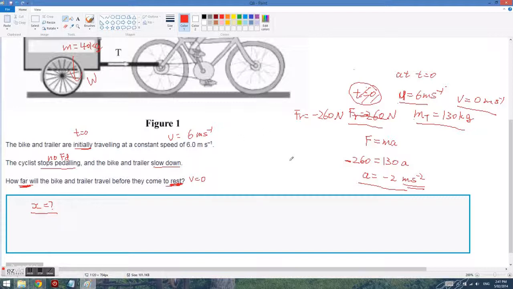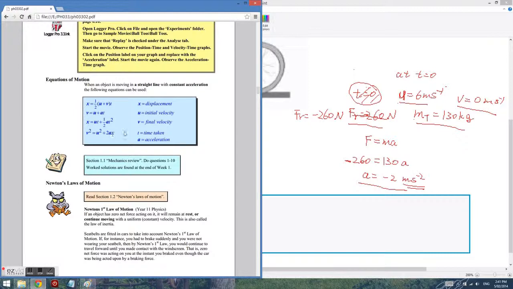Then go to your acceleration equations. I have u, v, a. I need to find x. So I need to find the equation containing u, v, a, and x. I don't have the time t, how long it took.